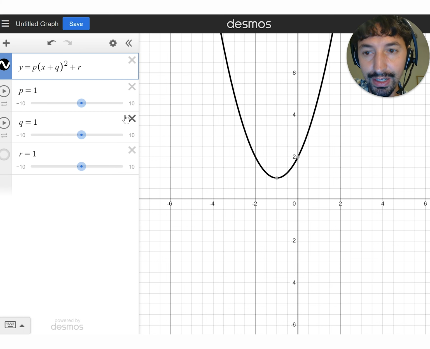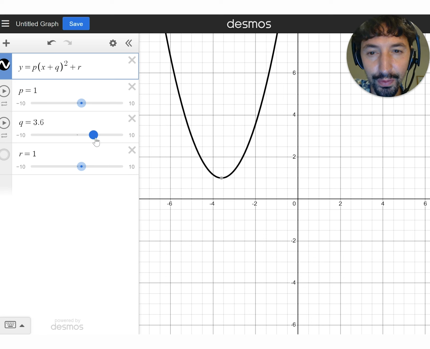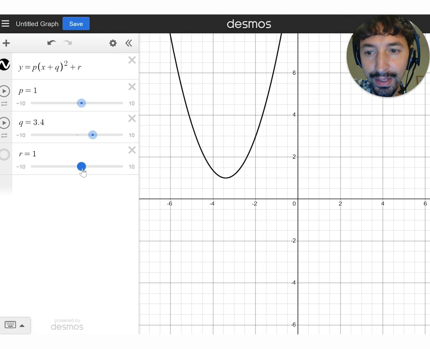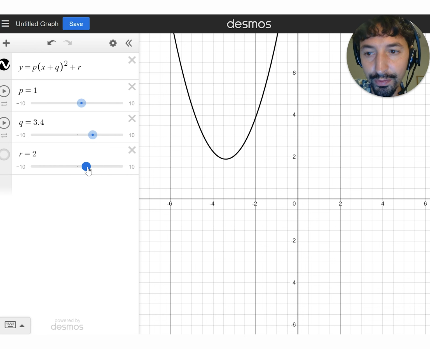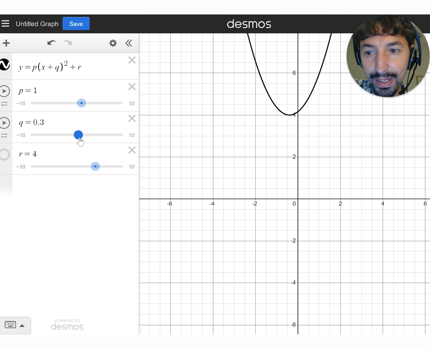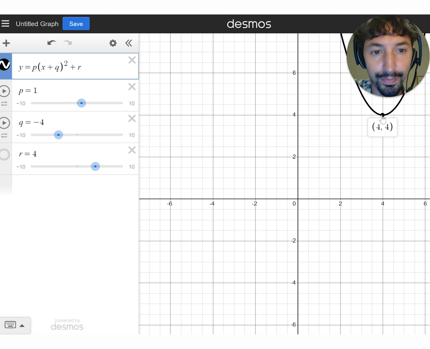So I can actually move this around. If I move q, you can see that as I increase q in the positive direction, it moves in the negative. So that's the x coordinate of the vertex. And r is going to move it up and down. So for example, if I make r 4 and I made q -2, you can see that the minimum point is now up by my head, at (4, 4).